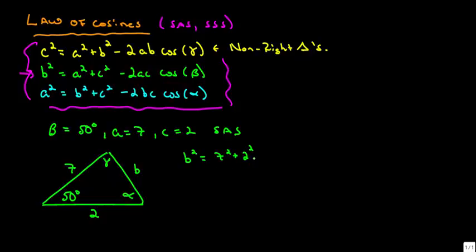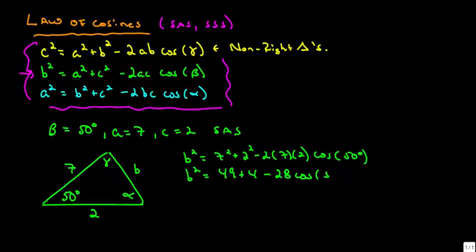So a squared plus c squared minus 2 times a times c times the cosine of beta. So b squared is equal to 49 plus 4 minus 28 times the cosine of 50. So 49 plus 4 is 53.